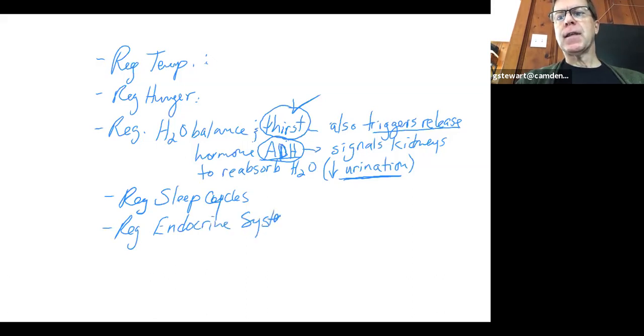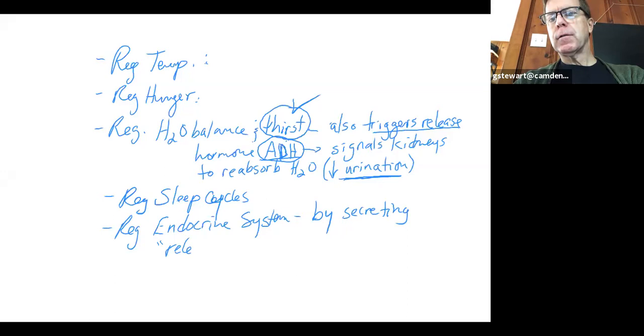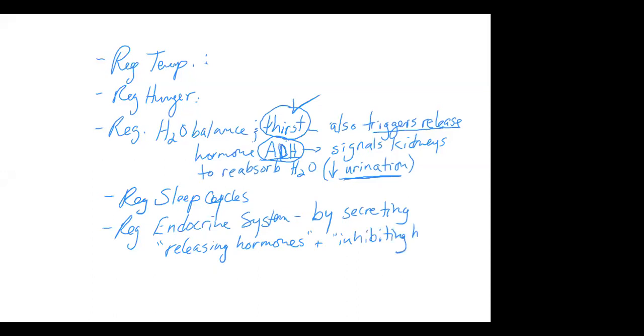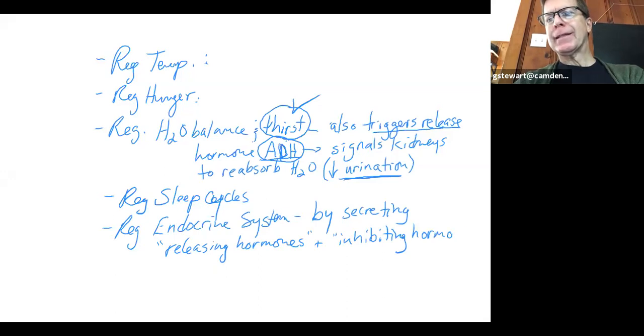And how it does that is by secreting things called releasing hormones and inhibiting hormones. It's very complicated, but I'm trying to make it simple, that control the pituitary gland.